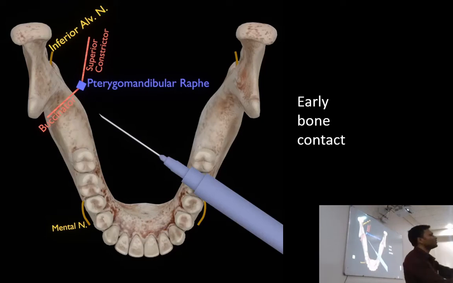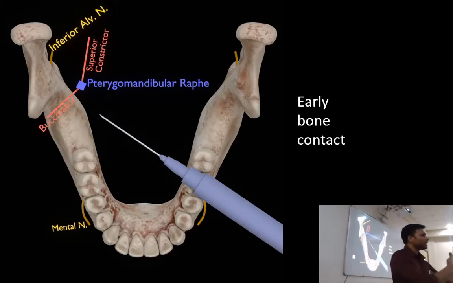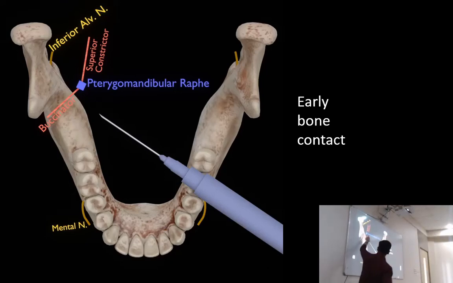Now this angulation varies in every patient. यहाँ पे it is an average angulation that is given, but in every patient it is different. In some patients the angulation will be higher, so even after a proper technique you might not be able to contact the bone, or the angulation is less, so you might hit the bone early.